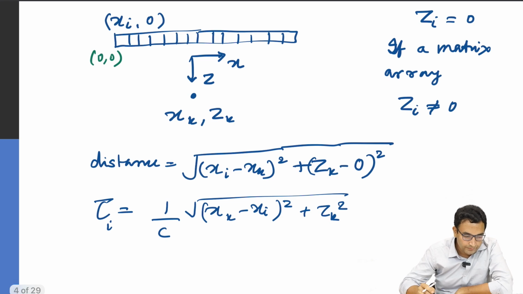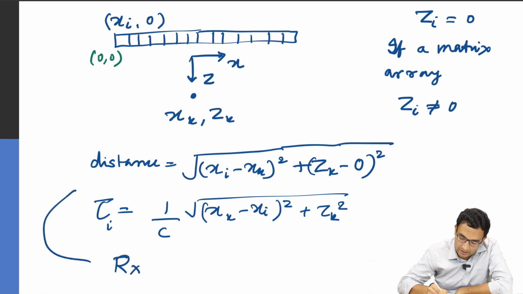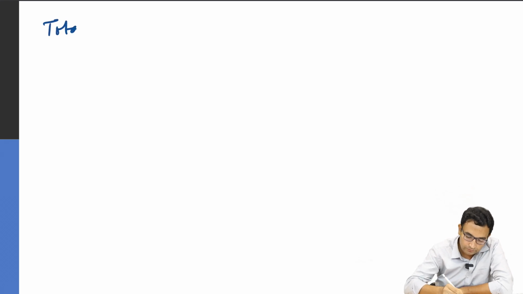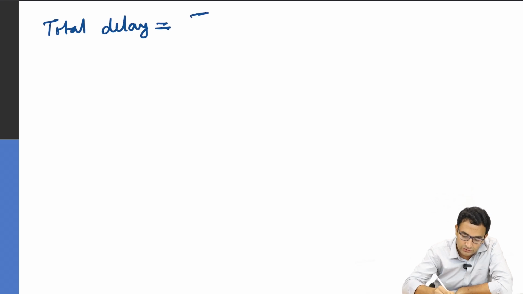Now, this is the received delay, right? So I'll call this the received delay. Okay. Now the total delay is going to be the sum of the Tx, the transmit delay, plus the receive delay.